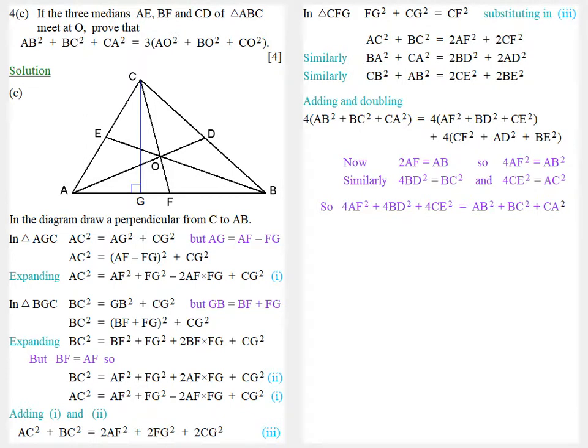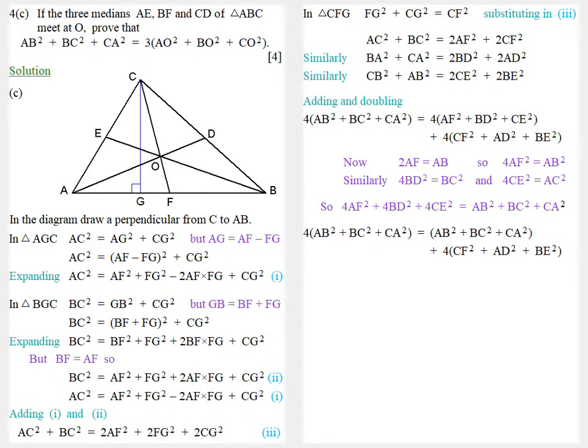Adding them together, 4AF squared plus 4BD squared plus 4CE squared equals AB squared plus BC squared plus CA squared. But we've already had 4AF squared plus 4BD squared plus 4CE squared above, so we can substitute AB squared plus BC squared plus CA squared for that.